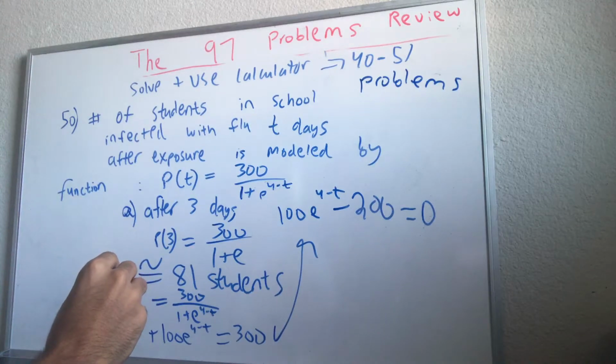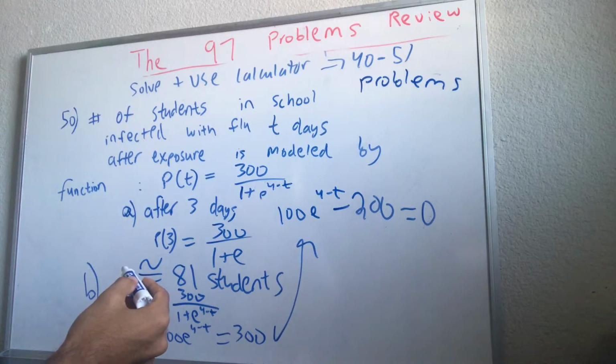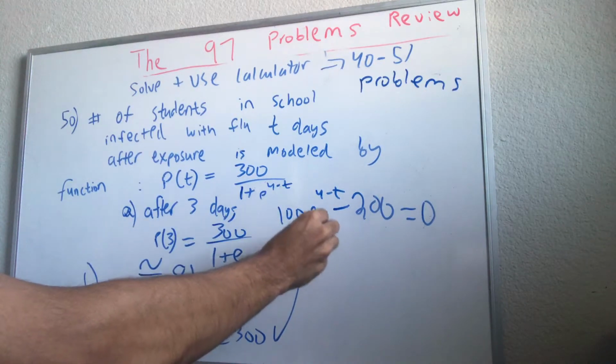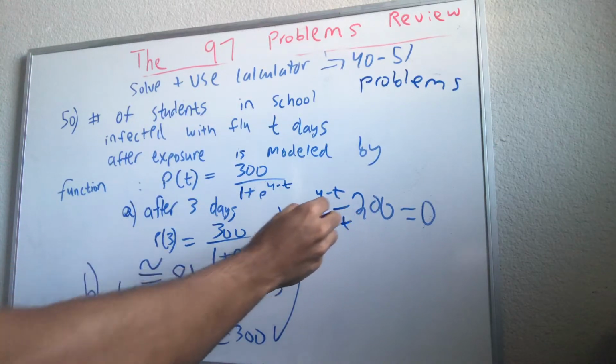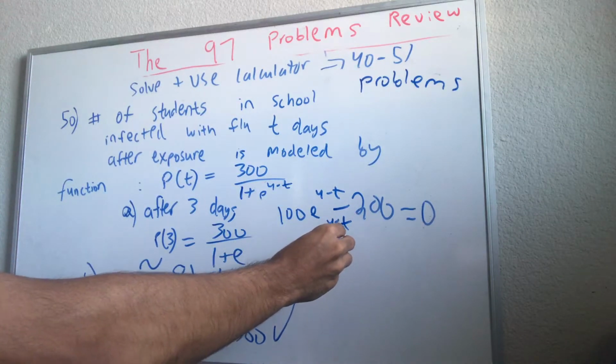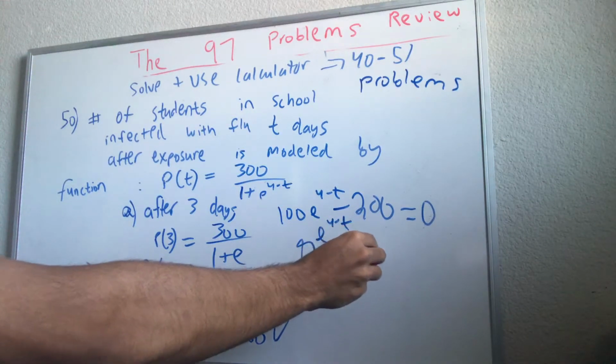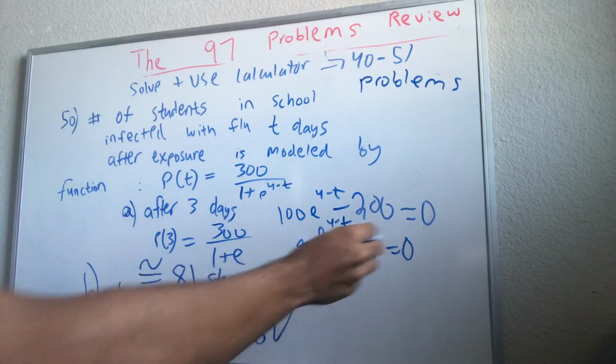When we look at this, we can say that e to the power of 4 minus t minus 2 is equal to 0.